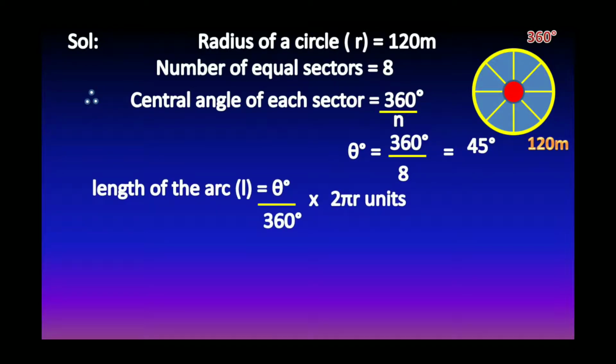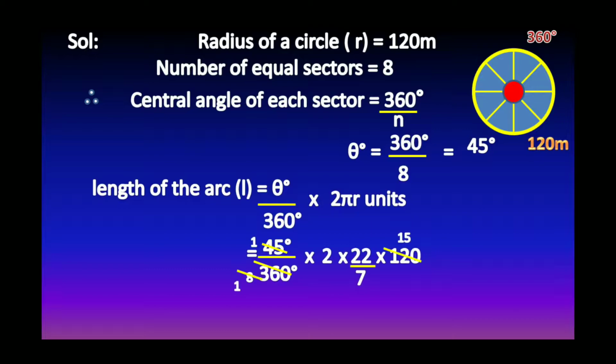Now the length of the arc is equal to theta by 360 into 2 pi r units. It is 45 by 360 into 2 into 22 by 7 into 120 meters. Now you can divide: 45 ones are 45, 45 eights are 360, 8 ones are 8 and 8 15s are 120.